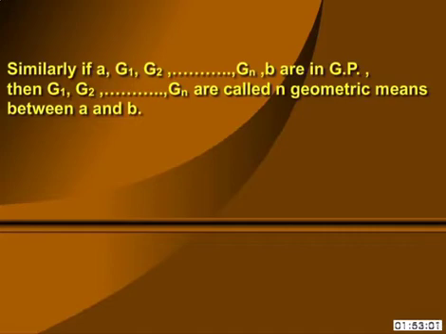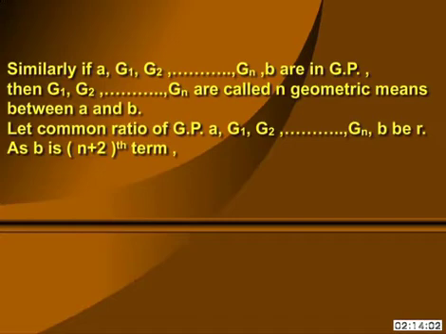Similarly, if A, G1, G2 up to so on Gn, B are in GP, then G1, G2 up to Gn are called n geometric means between A and B. Let the common ratio of GP A, G1, G2 up to so on Gn, B be R. As B is the n plus 2th term, B is equal to A multiplied by R raised to the power n plus 2 minus 1, which is equal to A multiplied by R raised to the power n plus 1.